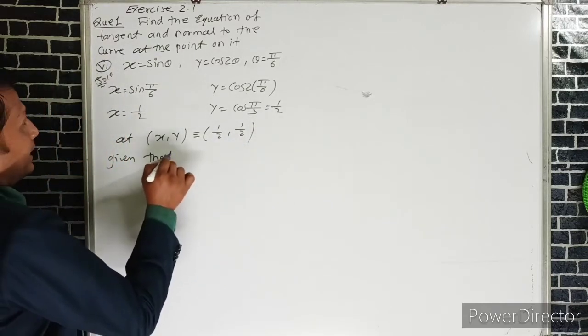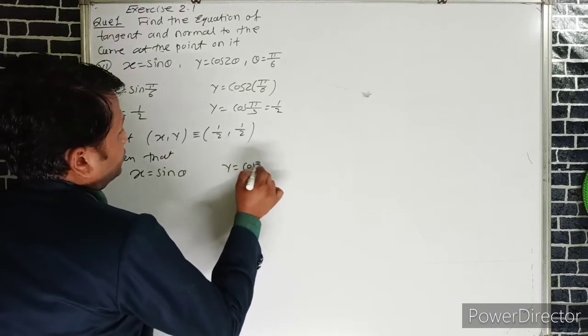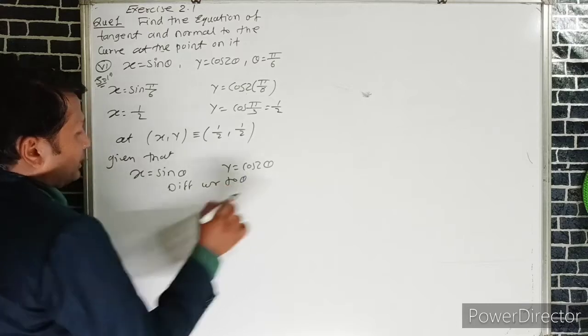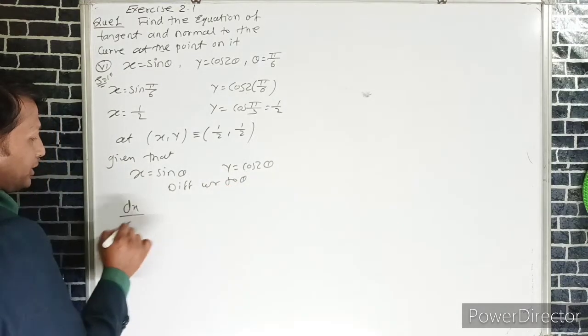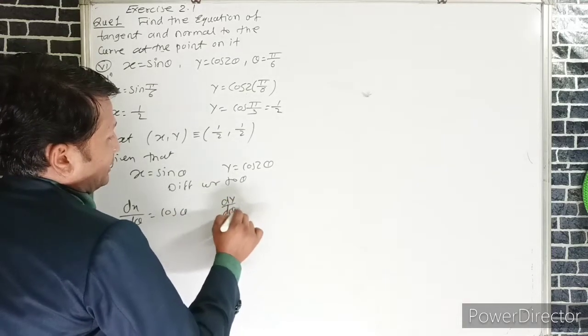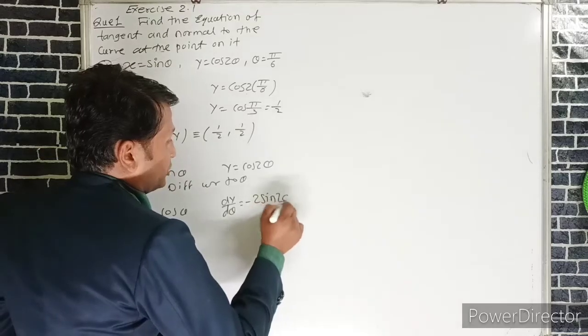Given that x is equal to sin theta and y is equal to cos 2 theta, if we differentiate with respect to theta, we can write dx upon d theta is equal to cos theta, and dy upon d theta is equal to the derivative of cos 2 theta, which is minus 2 sin 2 theta.